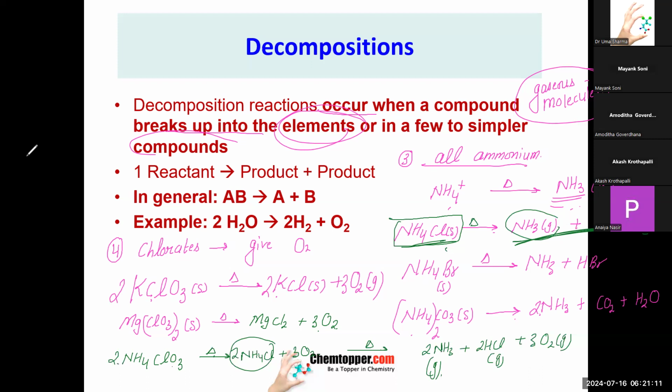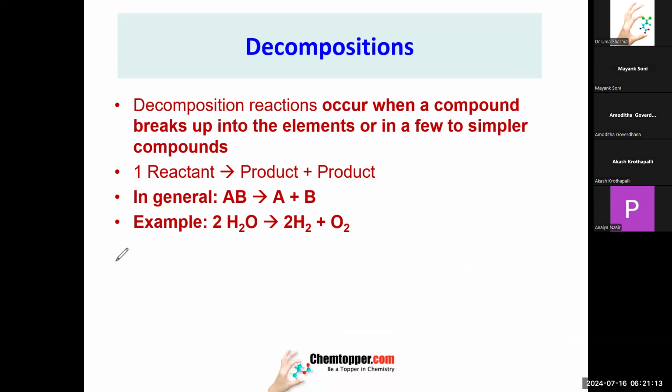Two last examples. You remember peroxides? Peroxides, they also undergo decomposition to give you metal oxide and O2 gas.